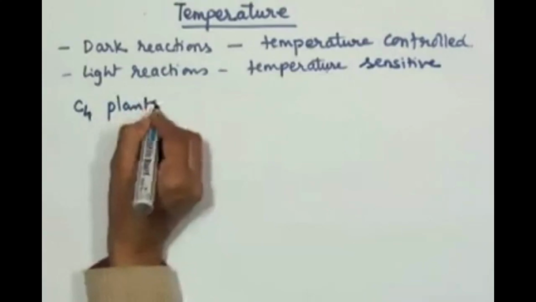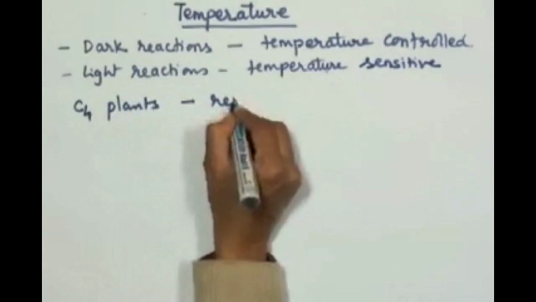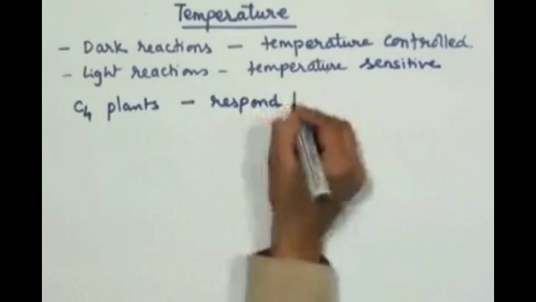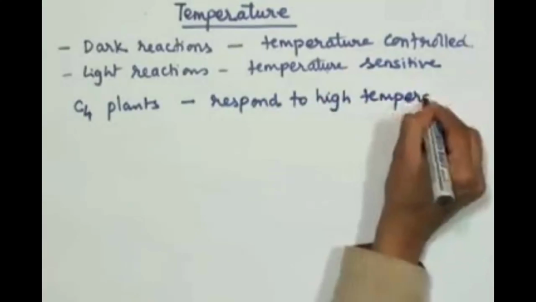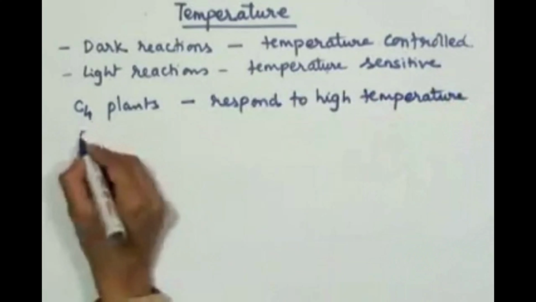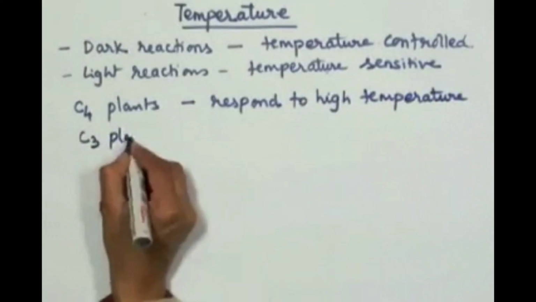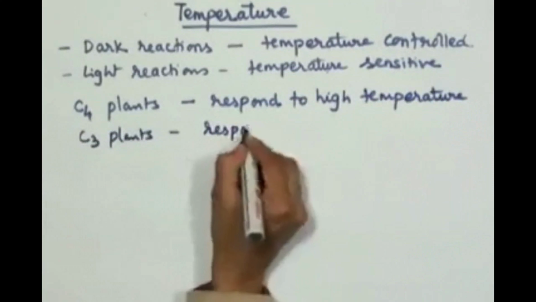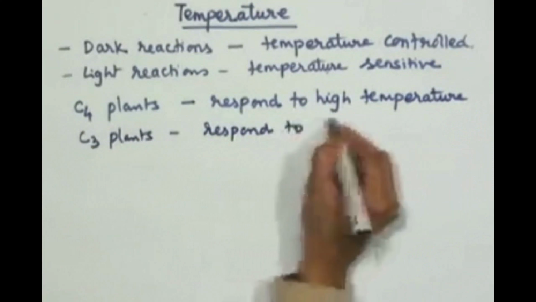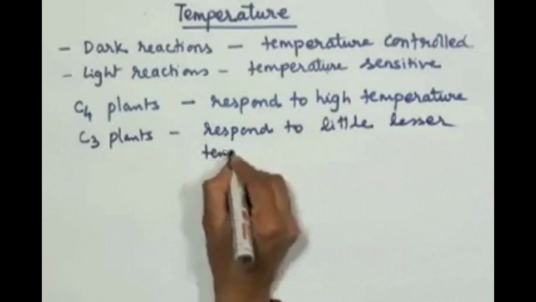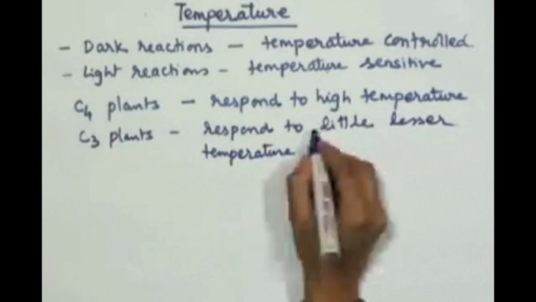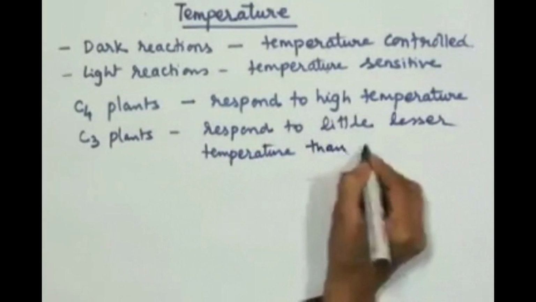C4 plants respond to high temperature and hence can tolerate high temperature, while C3 plants respond to little lesser temperature than C4 plants.